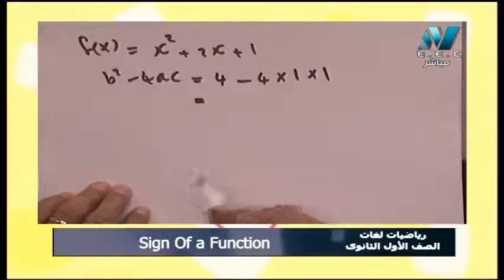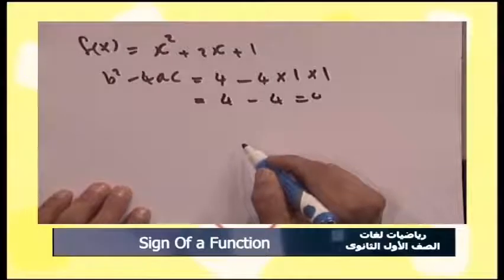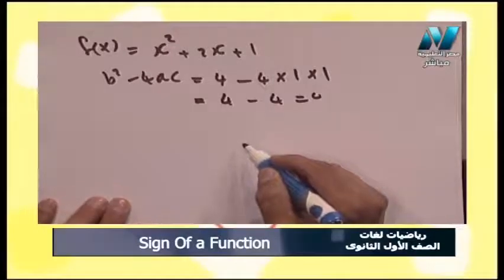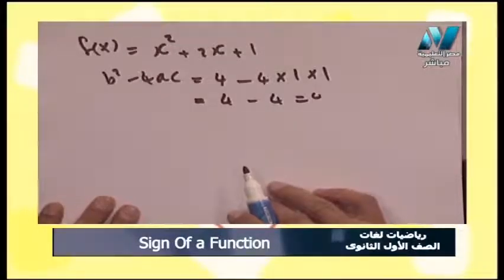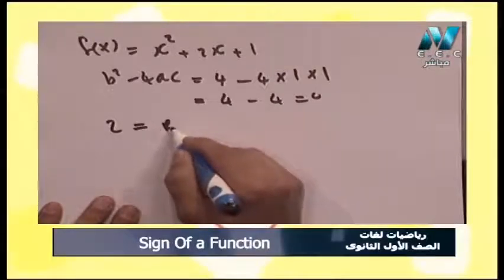Calculate this number. This is 4 minus 4 equals 0. When the discriminant equals 0, then we have two equal real roots.